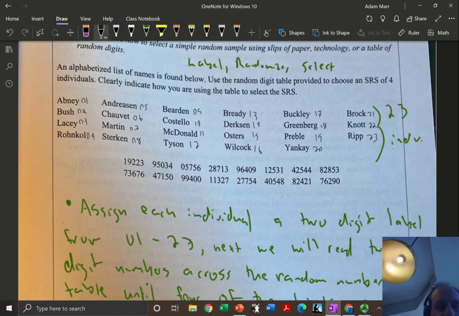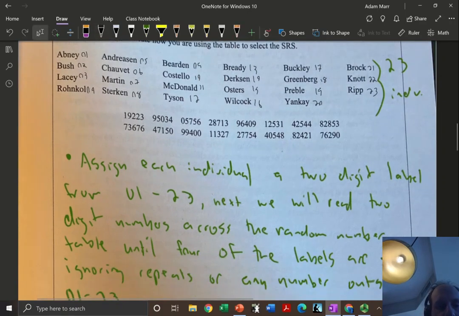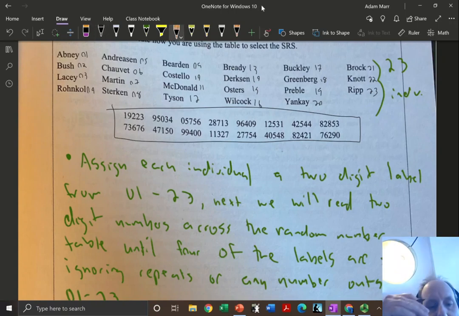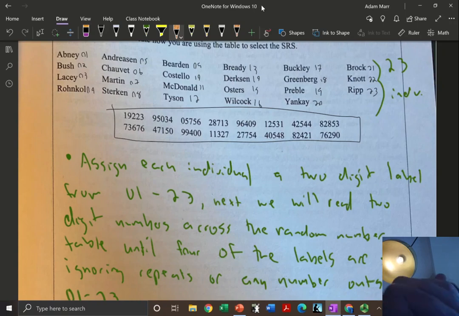Okay, got it. Then we're going to look at our table of digits, which is right here. What we're going to do is read this as 2-digit numbers.